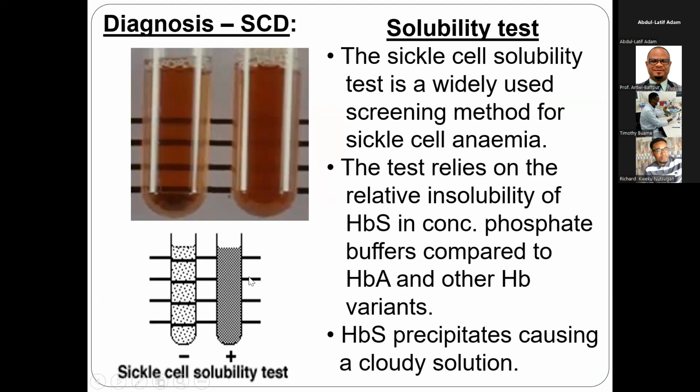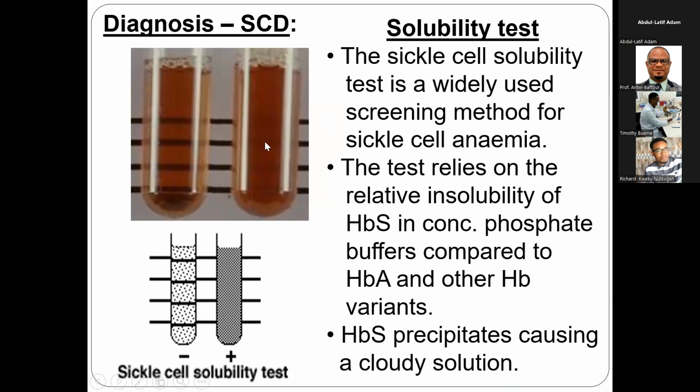So you draw a line on a paper and put that paper behind a rack, and then you do the test and put the tubes in front of the lines on the paper. If you can see through the test to see the lines, like on the left here, then the sickling test is negative.